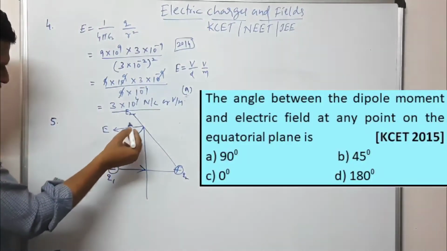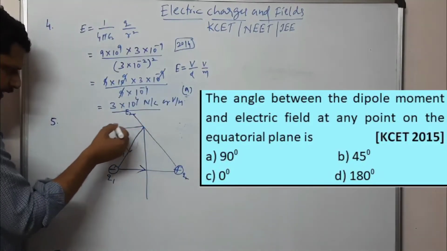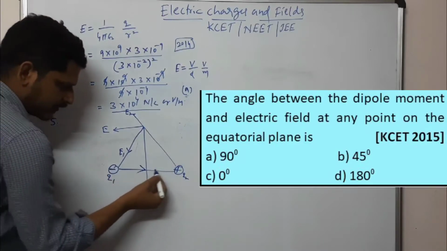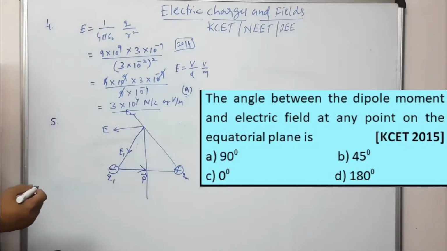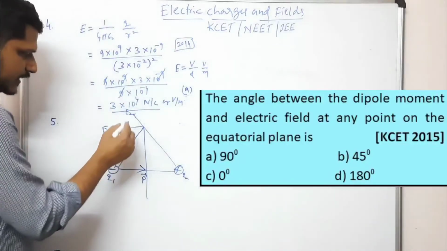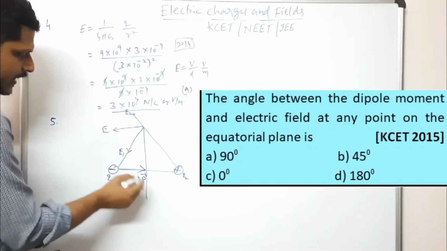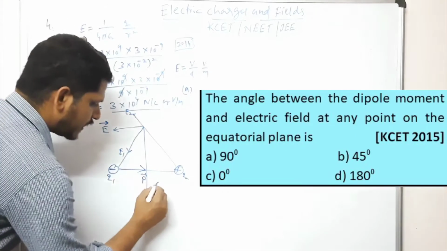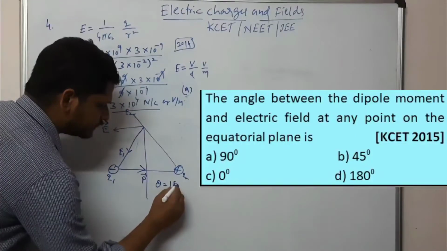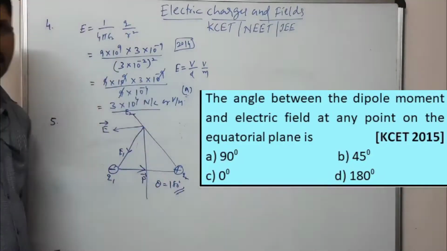Here the resultant electric field and the dipole moment are in opposite directions. Therefore the angle between E and P is 180 degree.